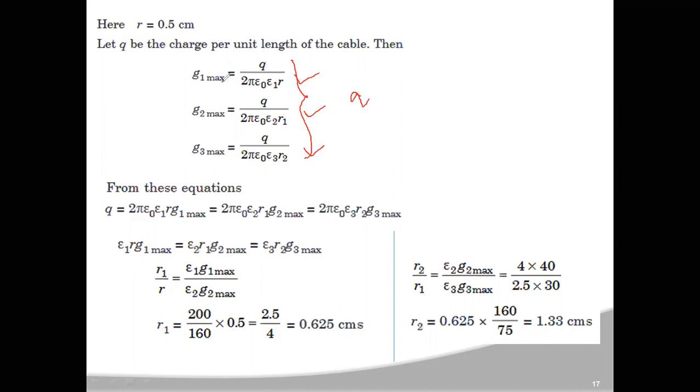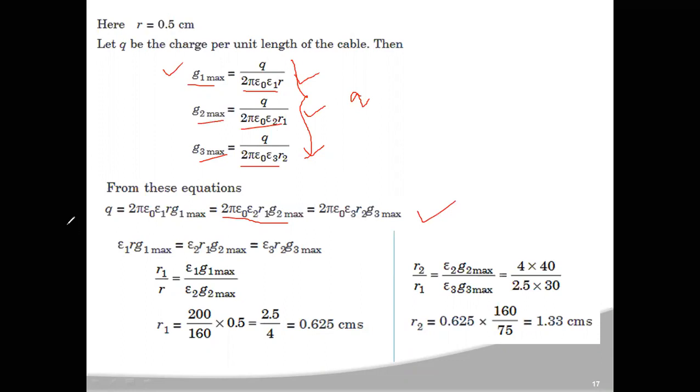Now from these three equations, what is Q? Q value is equal to G1 max into this product, from the second expression Q is G2 max into this, and from the third, Q is equal to G3 max into this. So you can write Q is equal to 2 pi epsilon naught epsilon 1 R into G1 max from the first equation, which is also equal to 2 pi epsilon naught epsilon 2 R1 G2 max from the second expression, and from the third expression, Q is 2 pi epsilon naught epsilon 3 R2 into G3 max.